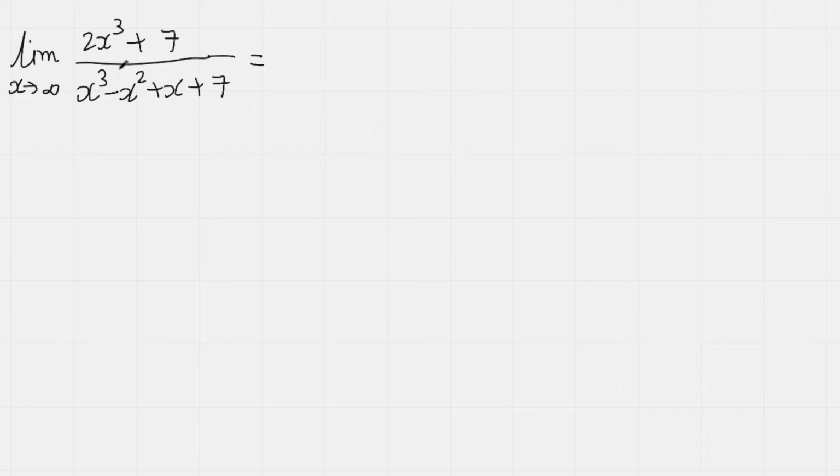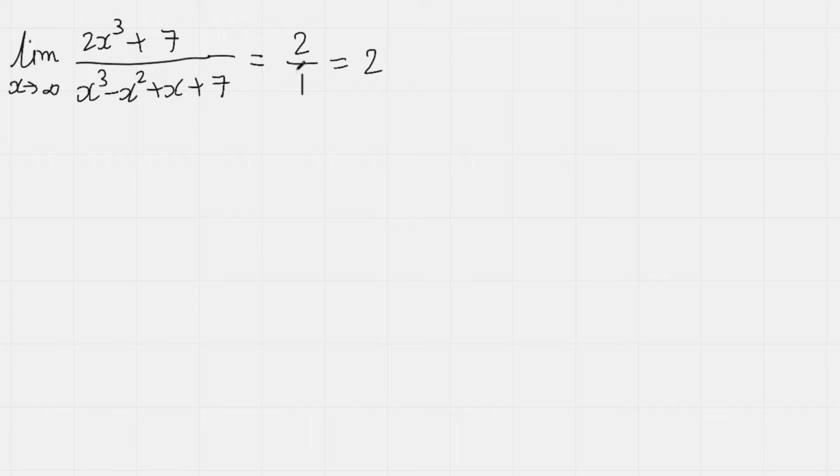Now whenever the degree in the top is equal to the degree in the bottom, the answer will be the coefficient of x³ divided by the coefficient of x³ in the denominator, which is 1. So here 2 over 1 is equal to 2.